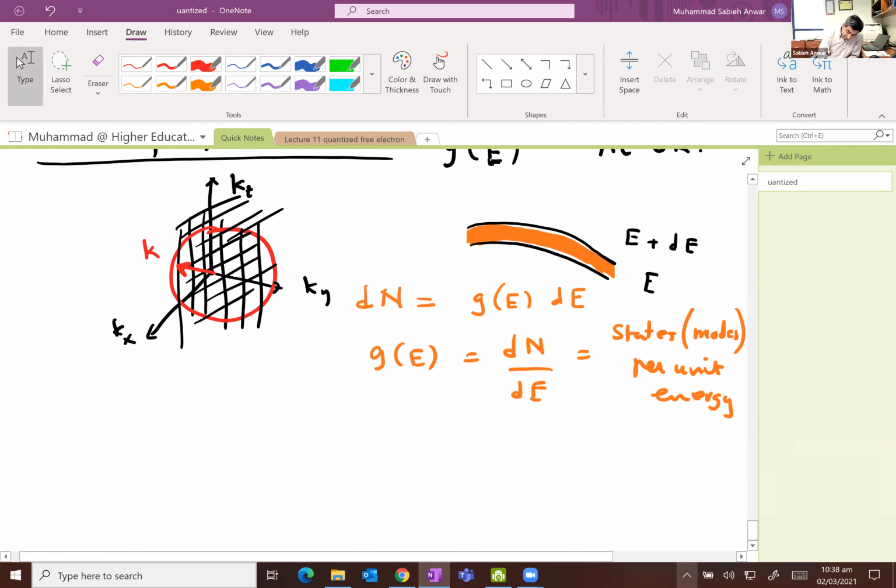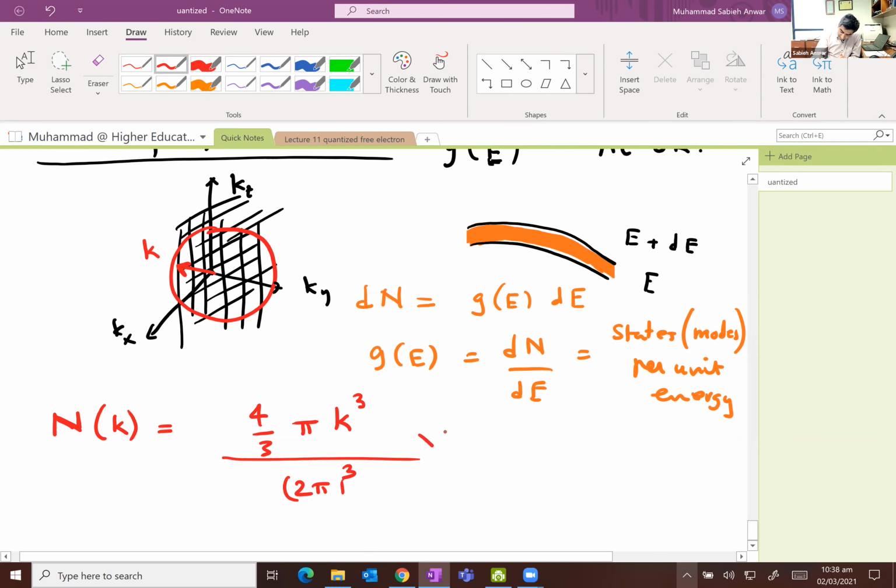Now the number of states up to the radius k, starting from 0 to the radius k, is going to be given by the volume of this sphere, with arbitrary k, divided by (2 pi)^3, over V, times 2 to account for the spin.